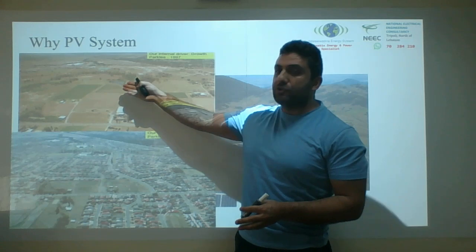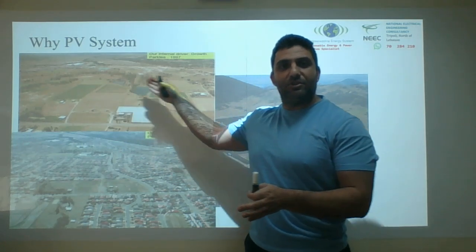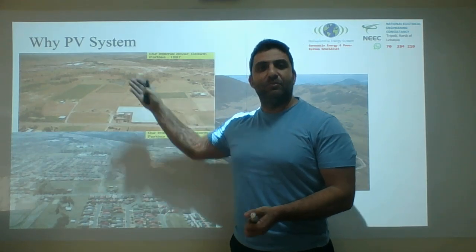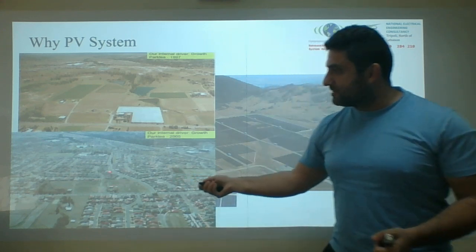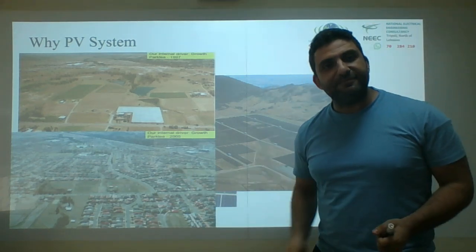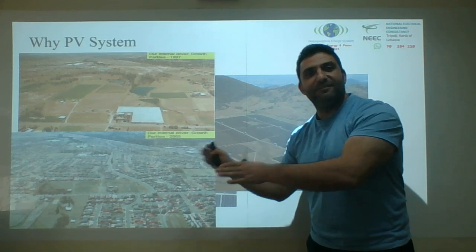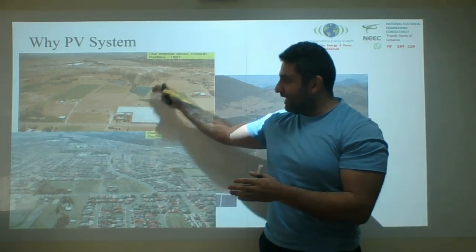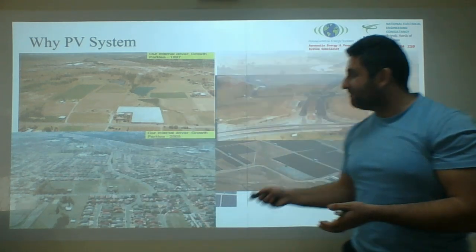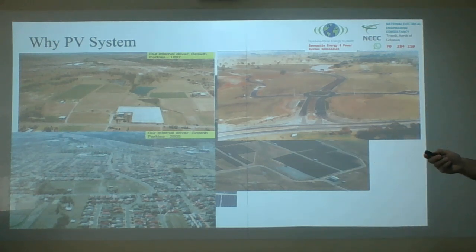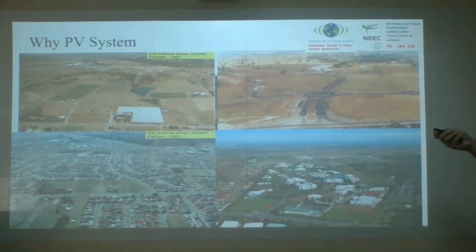Imagine I want to install a solar system. I have to disturb the ground and put in the infrastructure. Look at the houses. The houses are there already. When I put in the houses, I put in the infrastructure. This is the Berkeley area, in Northwest Sydney.